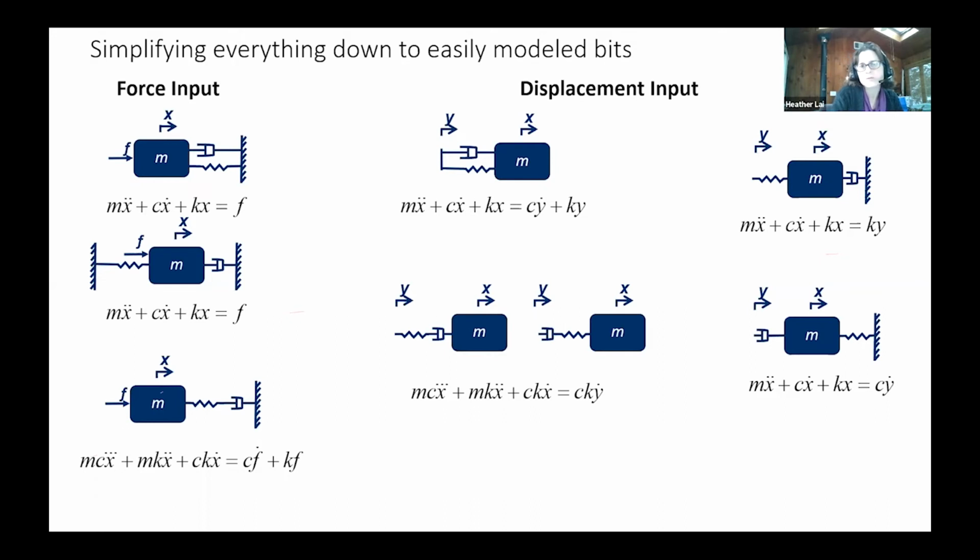It starts to help them wrap their mind around the fact that I'm asking them to model all different kinds of systems, because all they have to do is identify what part of the system is dissipating energy, what part of the system is storing the potential energy, and so on and so forth. And then the other thing that they can look at is where the attachment points are for these different types of elements that we have.